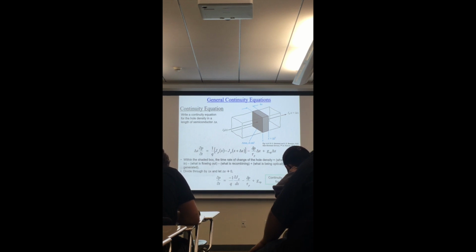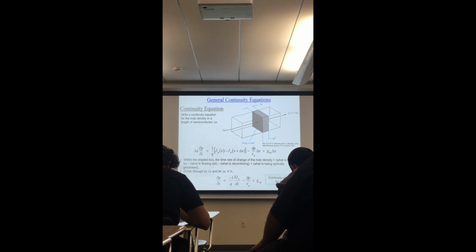And recombination is driven by this delta p over tau sub p. And besides these two, we also have this optical generation, right? So if we have light shining on the material, we have this continuous optical generation rate, so G op, right?